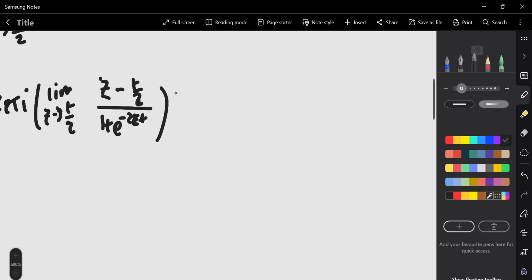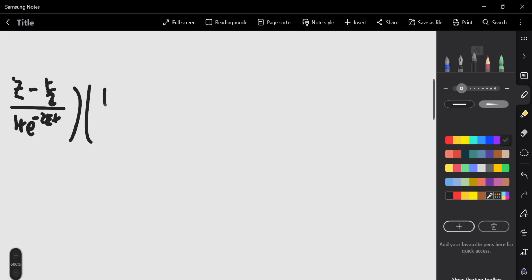Okay, cool. Now just go here and let's say the limit z going to. Oh my god, my hand hurts. I haven't had to write this much for maths in like so long. e to the minus z squared.